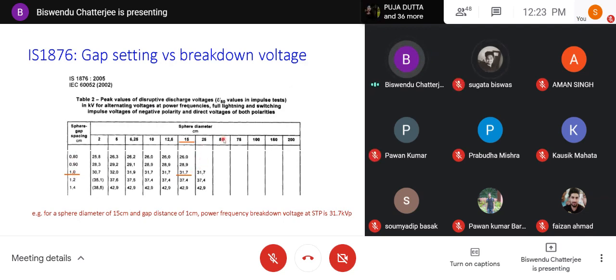If the diameter is 50 centimeter, even for 1.4 centimeter, I cannot adjust the gap. Can you see this? Why? If I ask you the question, why? What happens? I can set the gap because I can reduce the distance between the two spheres.